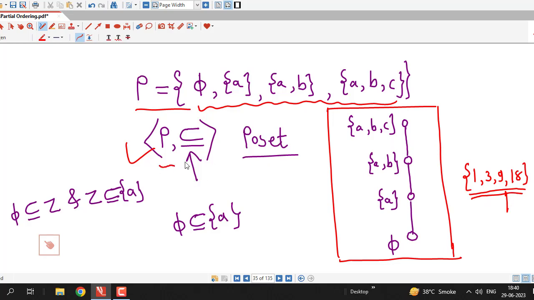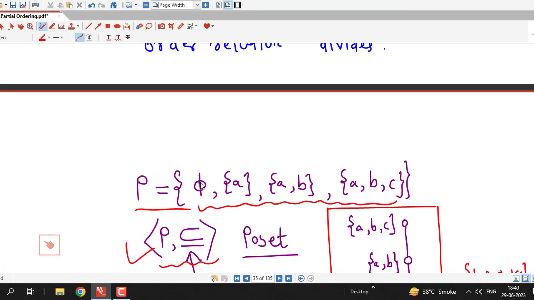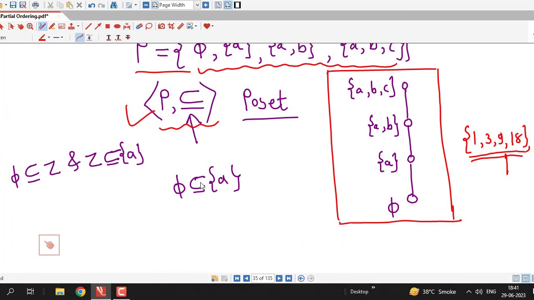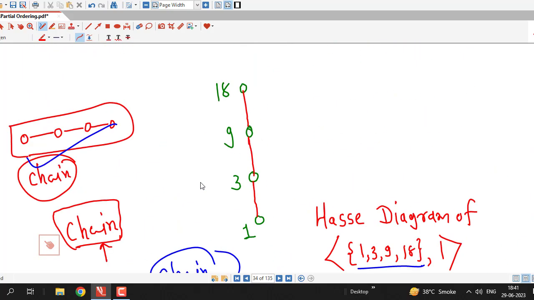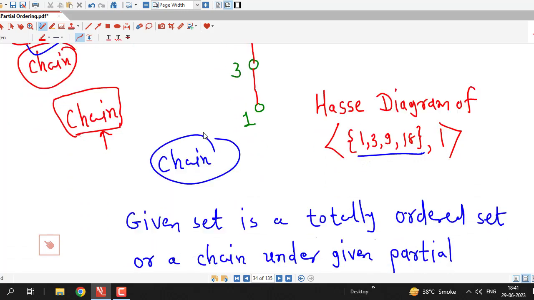This type of partially ordered sets are called isomorphic partially ordered sets. We have discussed the concept of isomorphism in group theory also. So the structure is the same, and this type of partially ordered sets are called isomorphic partially ordered sets, that we will discuss if that topic is in our course.